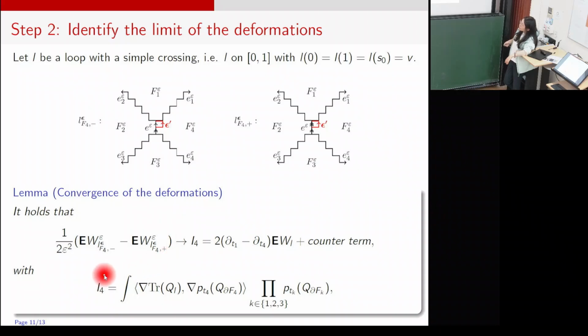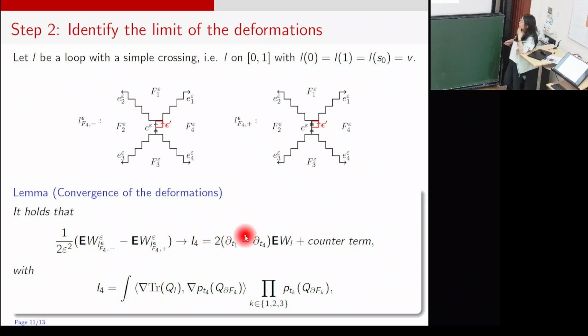that this deformation part will in fact converge to the inner product of the gradient of this trace and the gradient of this kernel on this T4, corresponding to the area of this F4 here. And based on this and the local behavior of this vertex V here, this also gives us the formula for this I4, and using the integration by parts formula, this gradient will give us a Laplacian operator.